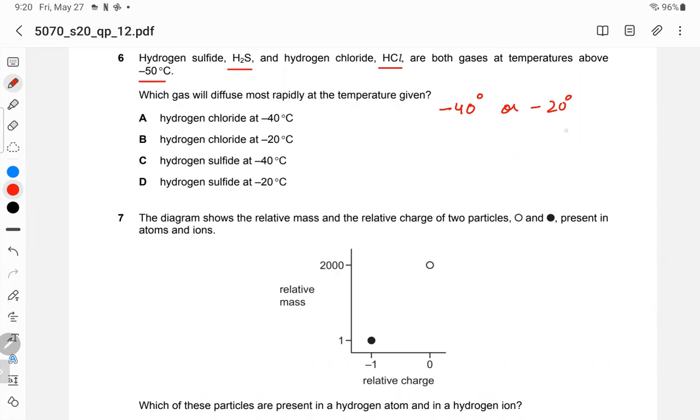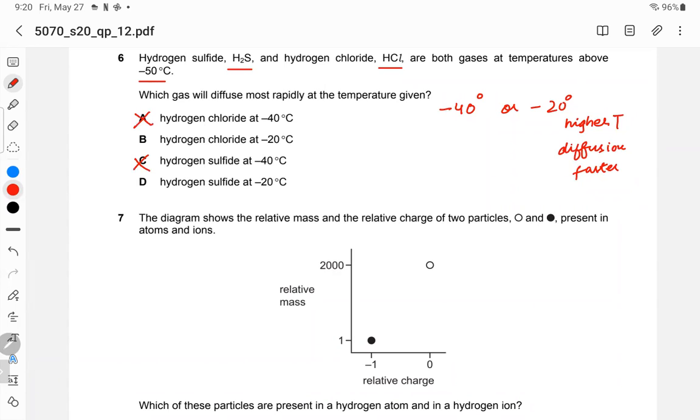Yes, -20, because -20 is a higher temperature. So if it's a higher temperature, diffusion will be faster. So I can easily mark C and B wrong.